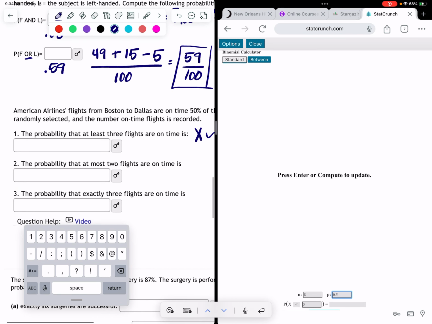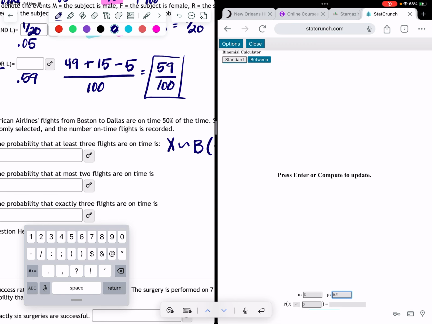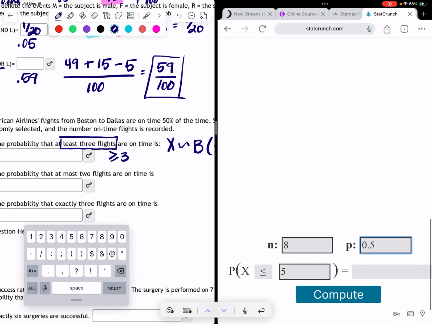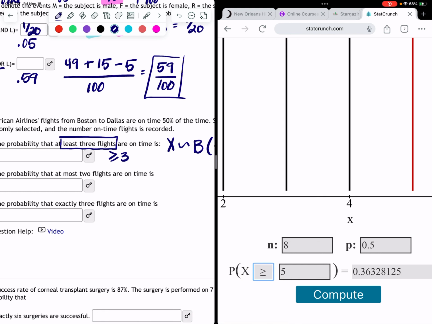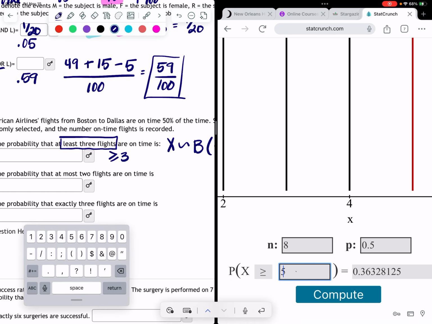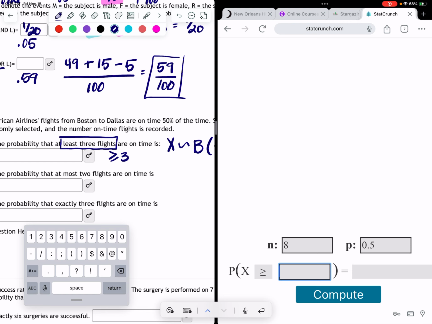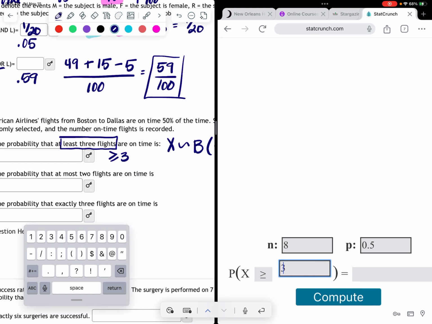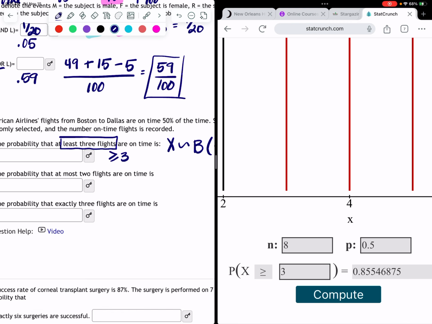The probability that at least 3, at least means greater than or equal to 3. So over here in StatCrunch, I'm going to change my inequality symbol to greater than or equal to. I'm going to put in a 3 and compute.